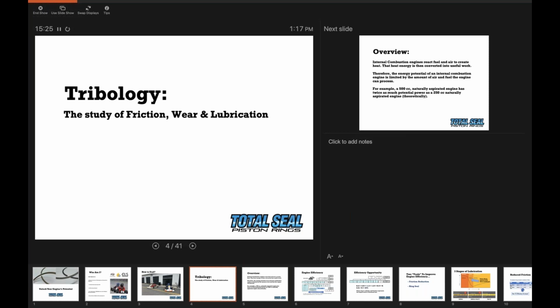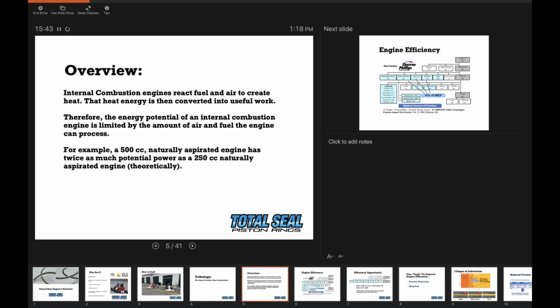They have a definite influence on friction, they have a definite influence on wear, and because of an oil control ring, it plays a role in terms of lubrication in regards to the cylinder wall and how a piston ring seals up.